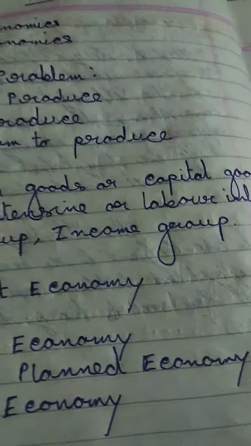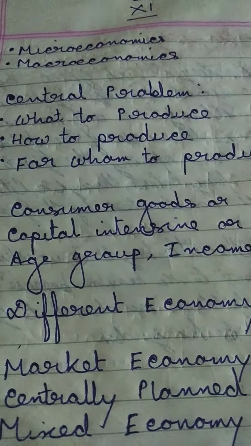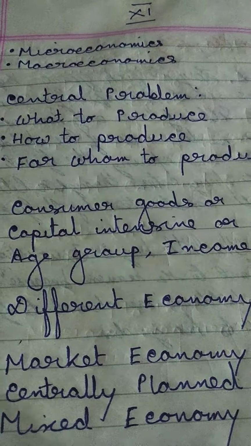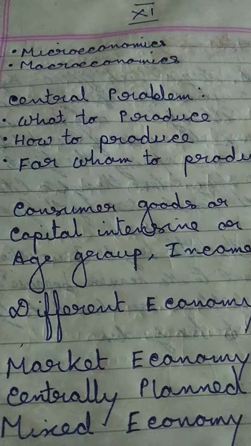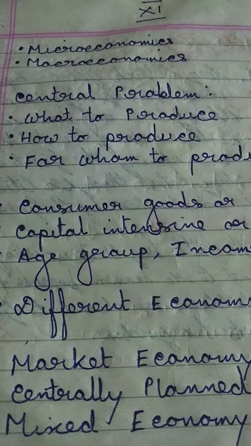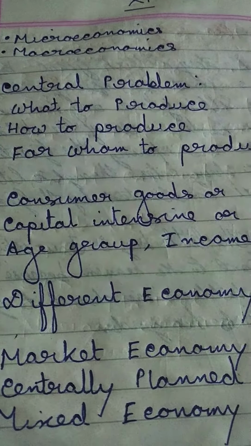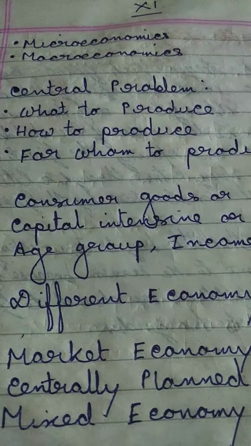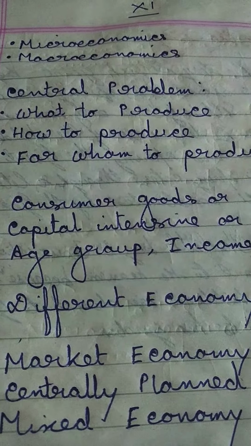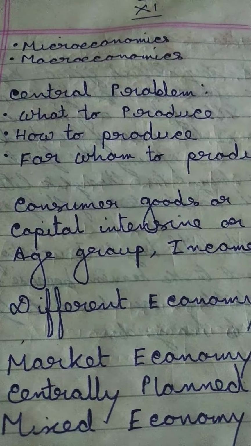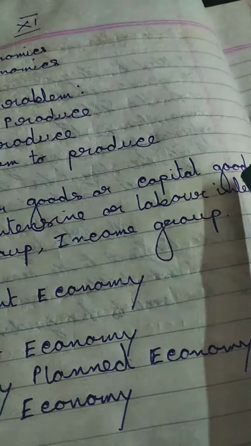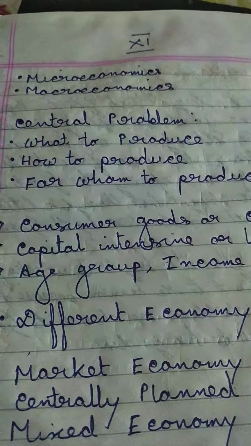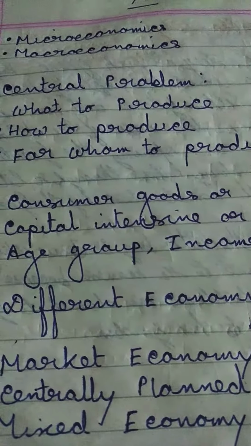As a producer you have to decide which type of consumer you want to attract, and on that basis you have to produce the goods. If you are staying in a country where the demand for consumer goods is much more than the demand for capital goods, then automatically you have to produce more consumer goods.